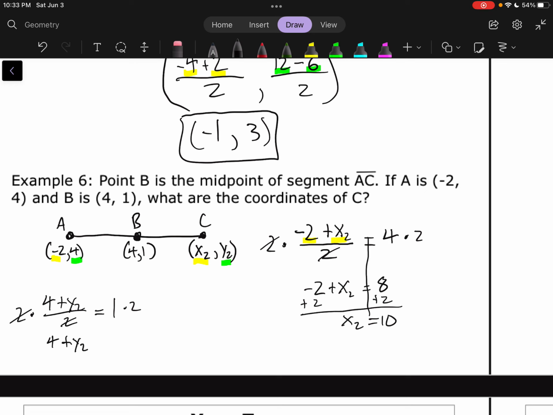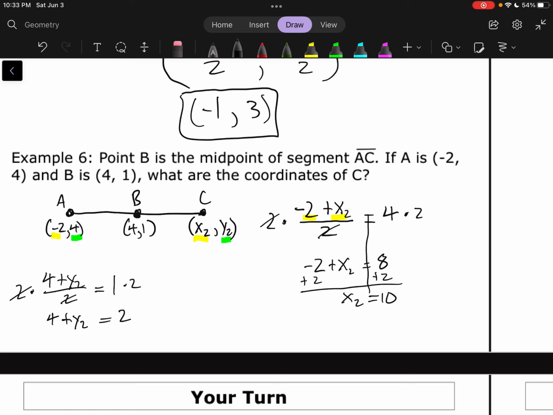We get 4 plus y2 is equal to 1 times 2, which is 2. Minus 4. Get y2 is equal to negative 2. So that means that our point is at 10, comma, negative 2. So kind of tricky, right? We gotta kind of undo the midpoint formula.